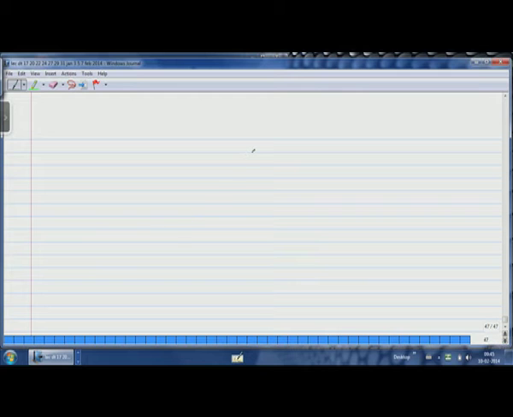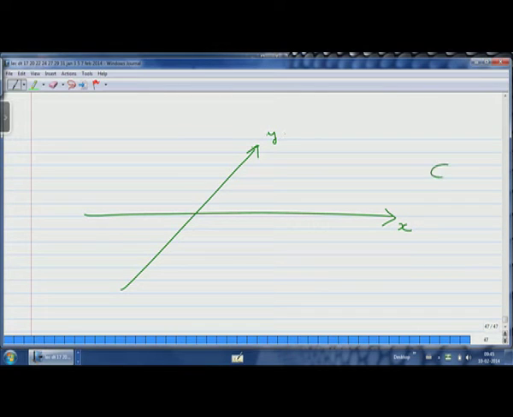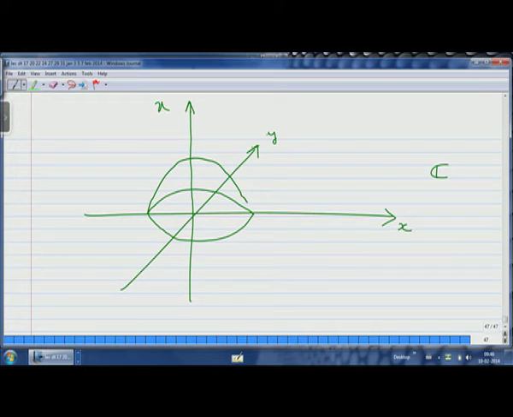If you draw the stereographic projection, here is the xy plane which is the complex plane, or the z plane, and then we draw this third axis which we call u, and then you take the surface of the unit sphere in 3-space. I am going to get something like this. This is the stereographic projection.